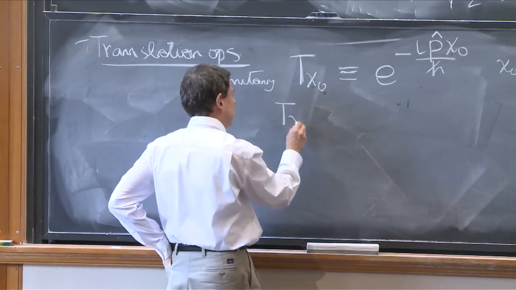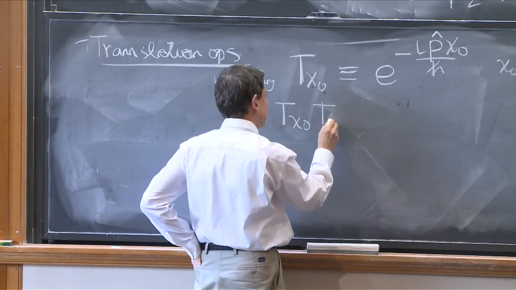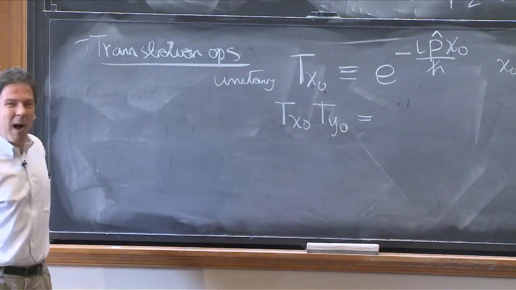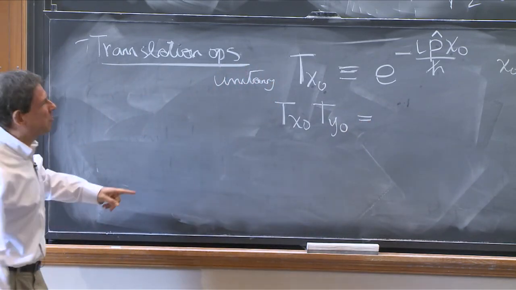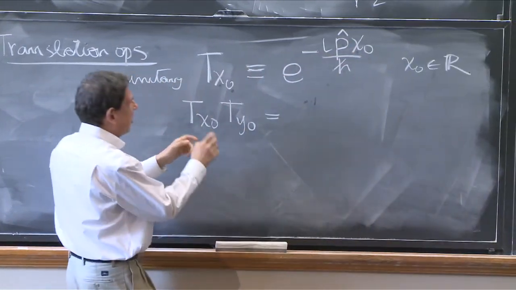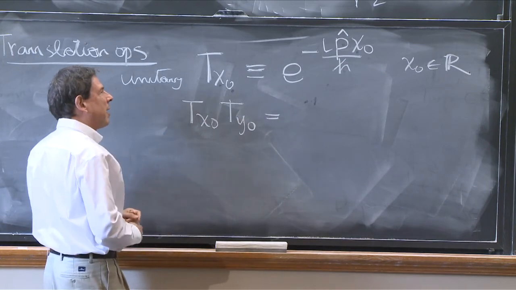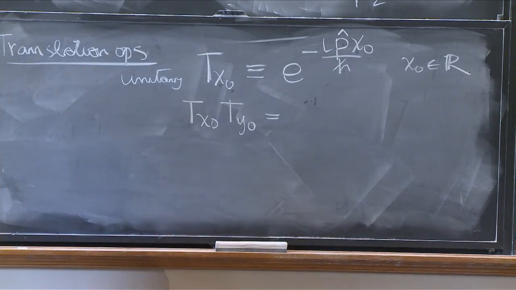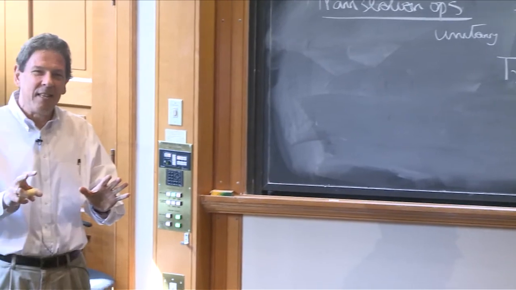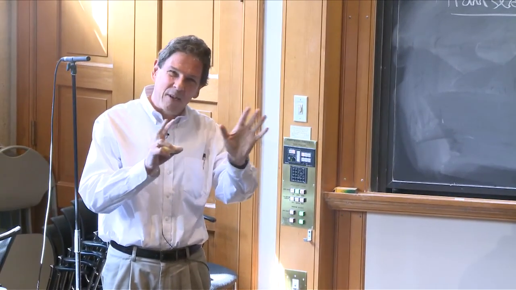The multiplication of two of those operators is what? Well, you have an exponential e to the minus ipx0 followed by an exponential e to the minus ipy0. Now, if you're well trained in 805, you should get a little nervous for a second because you don't know, can I treat it easily?